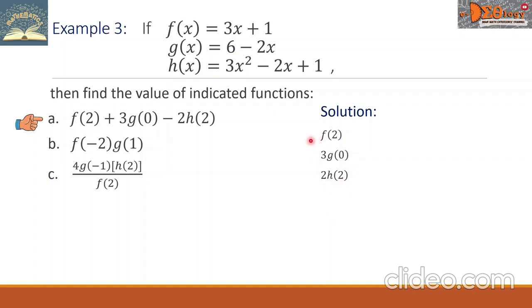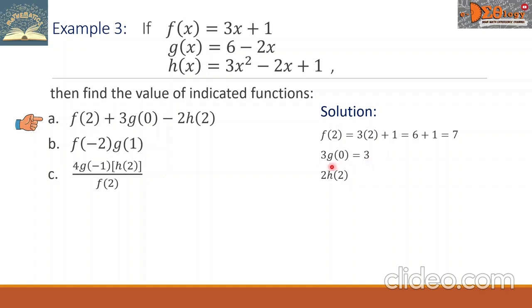Let's begin with f of 2. Our f of x is here 3x plus 1. So f of 2 equals 3 times 2 plus 1. 3 times 2 is 6 plus 1 equals 7. What about 3 times g of 0? First we write the constant 3.